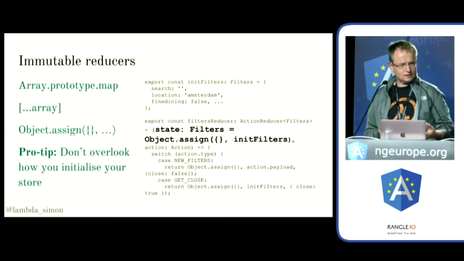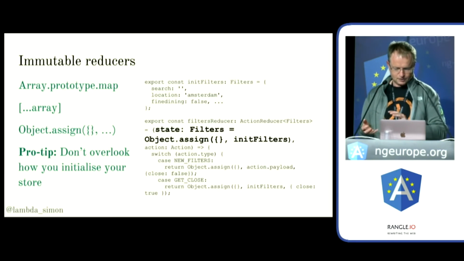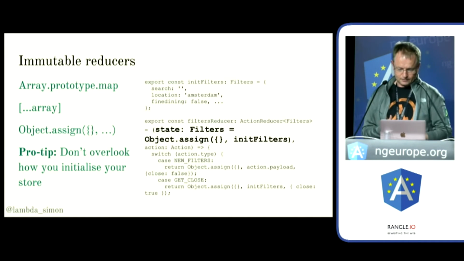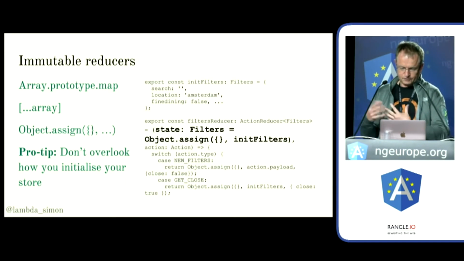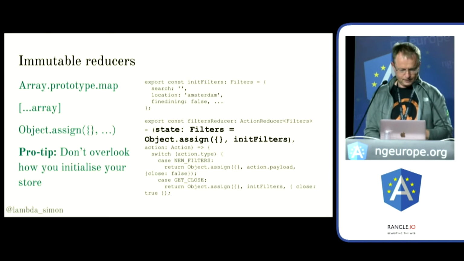And it turned out that this object was being passed down into the filters component, which is itself a form with ng-form in it. And ng-form mutates everything wildly. And so as I was then trying to rely upon this object later to reset the form, this wasn't working because it had been mutated. So I found that I needed even to use object.assign in the original default, the initial value for the state. That's not something I've seen in many of the presentations, so I mention it here specifically.